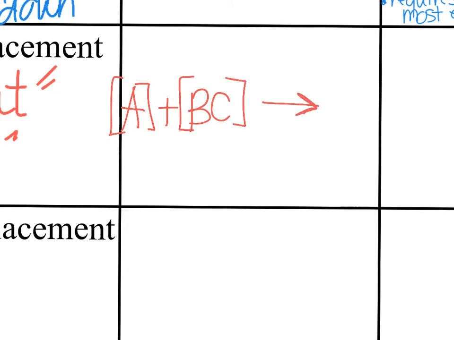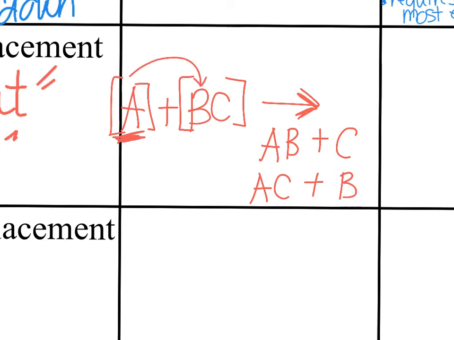We're going to switch out. A is like, I want to be with C, or I want to be with B. So it could be AB plus C, or AC plus B. But the bottom line is, A, who was alone, is now going to be with somebody, leaving an element that was with another element alone. So to bump out or to switch out.